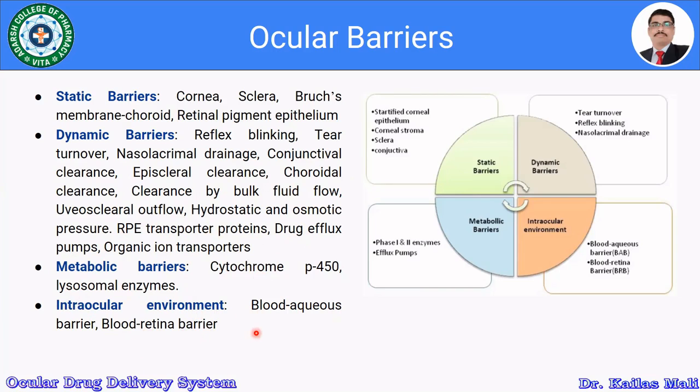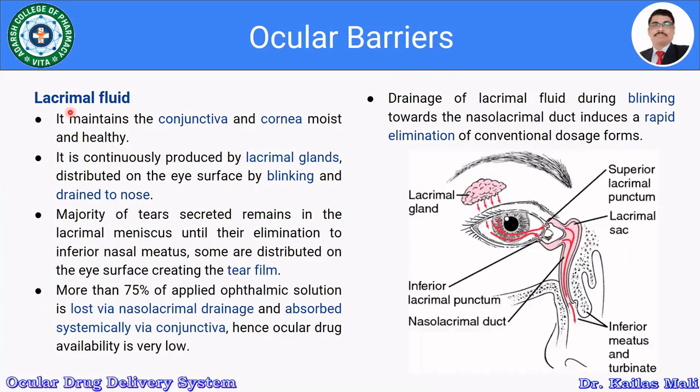Let us see the details of the ocular barriers. The very first one is the lacrimal fluid. Lacrimal fluid is secreted by the lacrimal glands and maintains the conjunctiva and the cornea moist and healthy. It is continuously produced by the lacrimal gland, distributed on the eye surface by blinking, and drained into the nose.